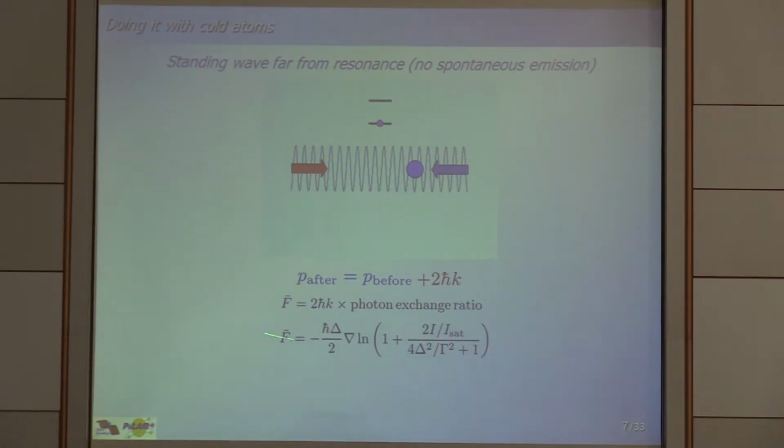It's thus a conservative force, okay? It turns out that this force is associated with a potential, which is called the optical potential, which is proportional to the intensity of the laser beams and inversely proportional to the detuning. And if you take a standing wave in which the intensity is modulated in space like that, you just get this kind of term.